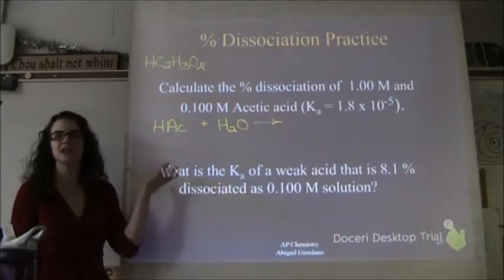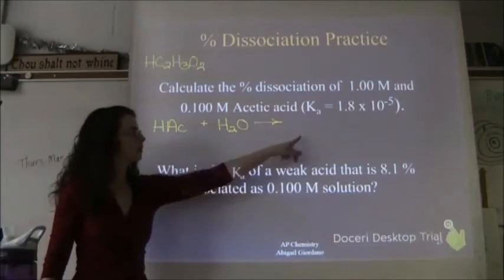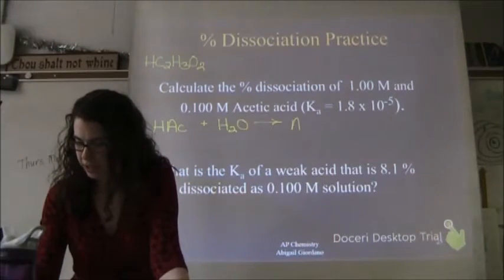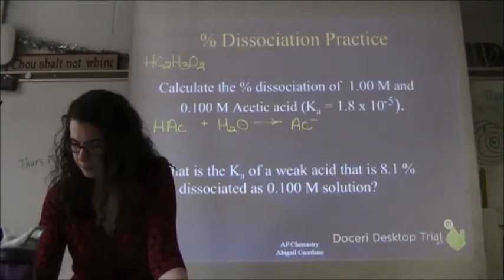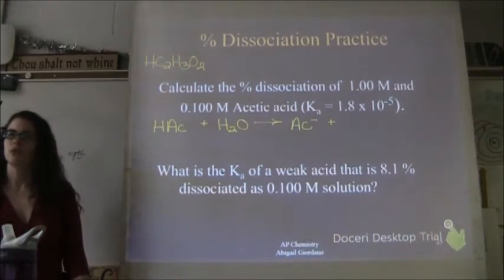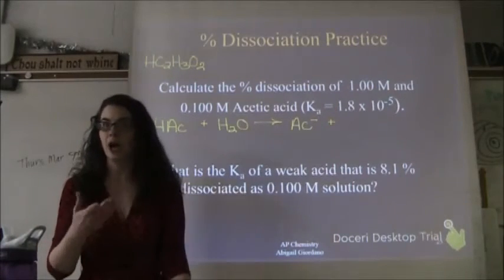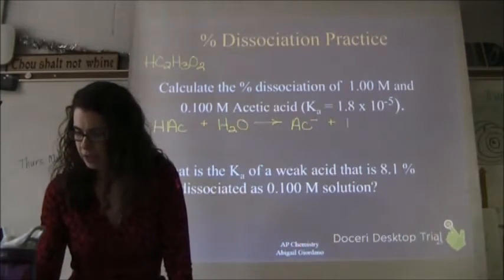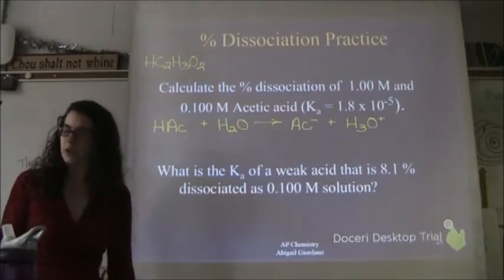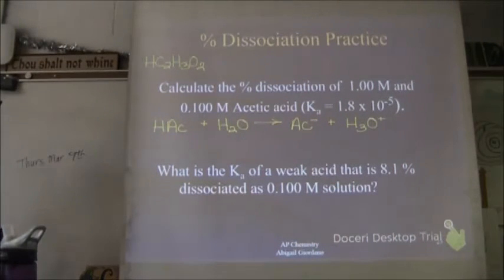Okay, if this gives away its hydrogen ion, what's left? Okay, acetate, which I'm going to write like this. And where does that hydrogen go? To the water, and it becomes, what's it called? Hydronium. Very good. Okay. So there's your reaction.